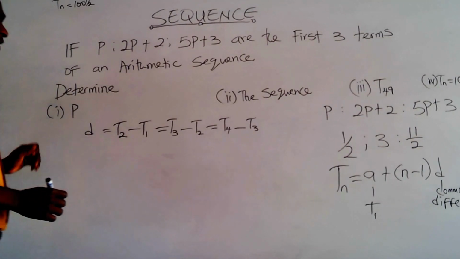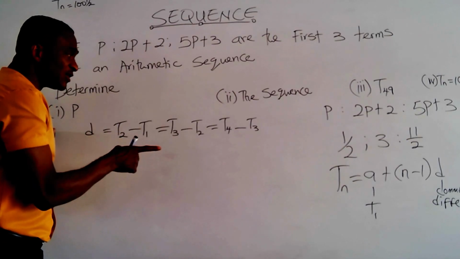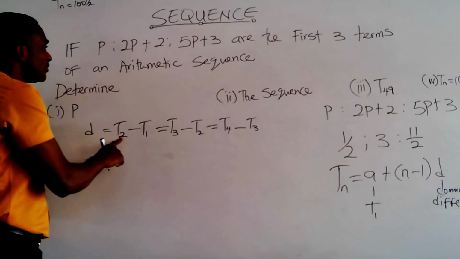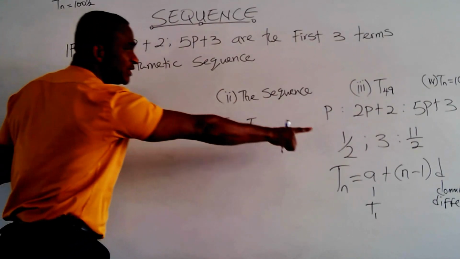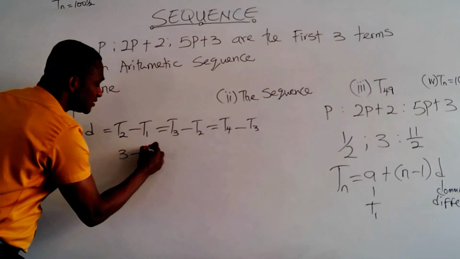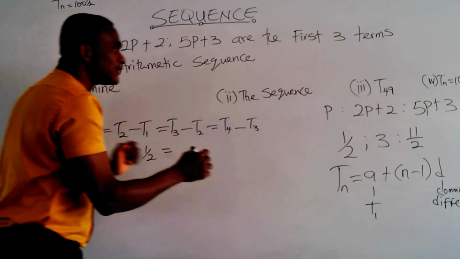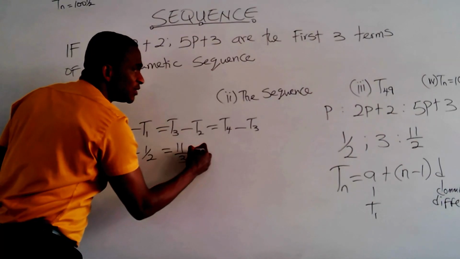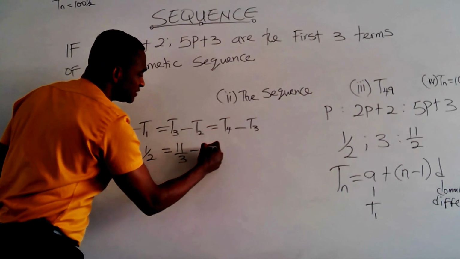Now, let's go on here. First of all, let's get our common difference. Remember, we got p as half, so our common difference is term 2, which is 3, minus term 1, equivalent to term 3, which is 11 over 2, minus term 2, which is 3.